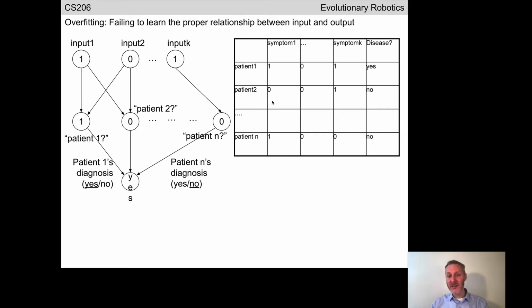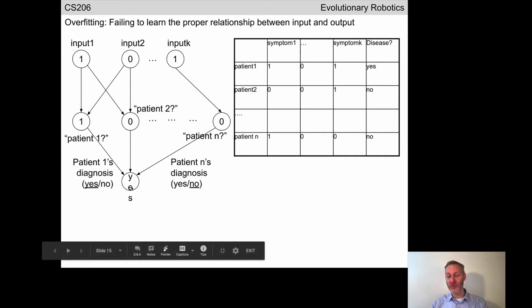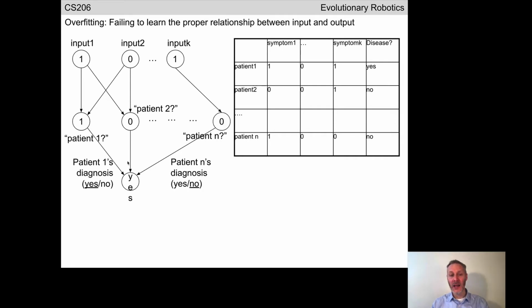If we supply the symptoms for patient 2, which are 0, 0, 1, 0, 0, 1, patient 2 lights up, and then that flows through to the output layer. And the weight is set so that whatever patient 2 suffered from, that's what lights up in the output layer here. So in essence, backpropagation can train this neural network to recognize patients.